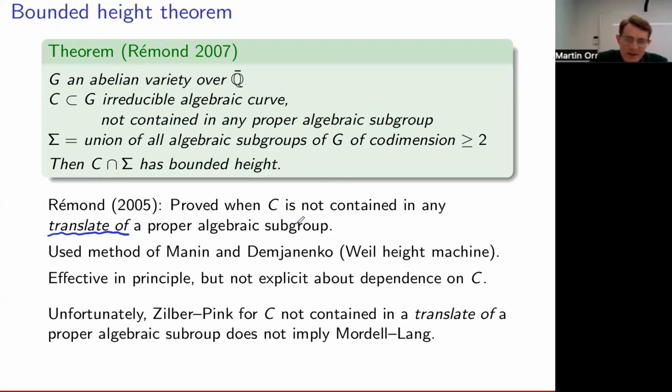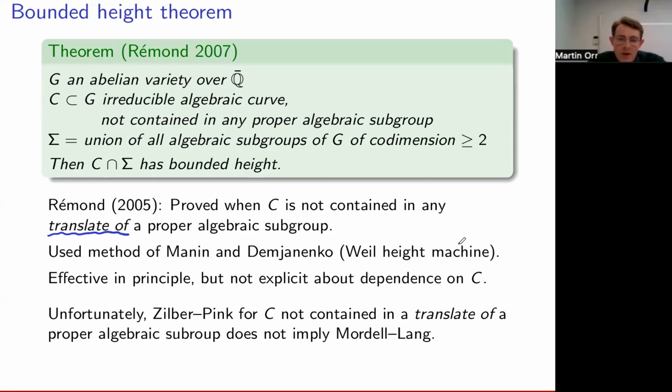The proof of this theorem relied on the Manin and Dem'janenko method, which is based around the Weil height machine, properties of Néron-Tate heights. And as I say, it's effective in principle, but I think it's quite hard to be explicit in this method about how the bounds you get depend on the curve.